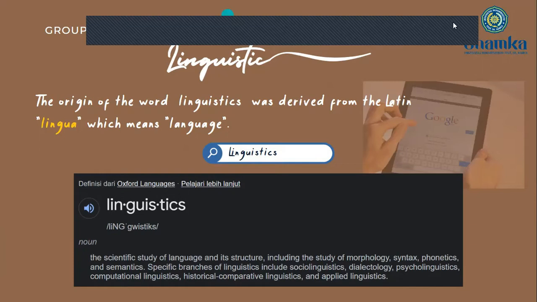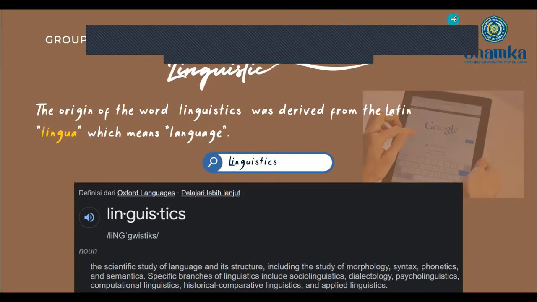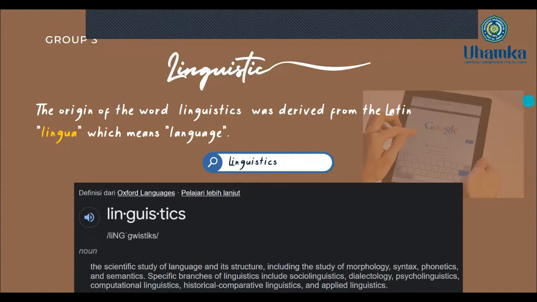First, I will explain linguistics. The origin of the word linguistics was derived from the Latin lingua, which means language. As you can see here, this is the definition of linguistics from Google: the scientific study of language and its structure, including the study of morphology, syntax, phonetics, and semantics.